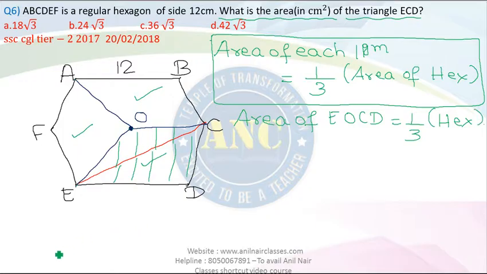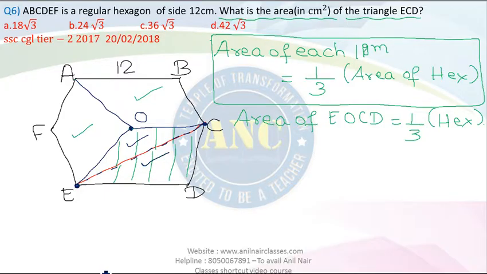Now if you observe carefully, this particular line EC is nothing but the diagonal of the parallelogram, right? Because it is the diagonal of this parallelogram, this line EC will divide the parallelogram EOCD into 2 equal triangles.